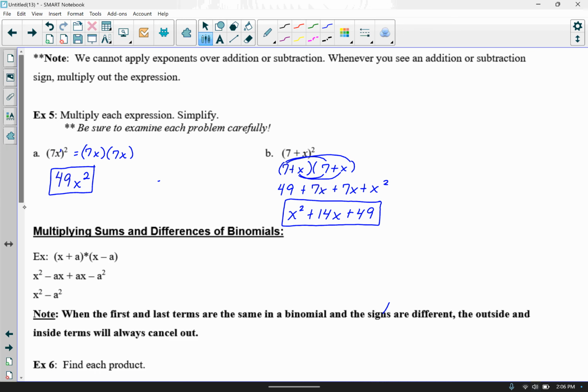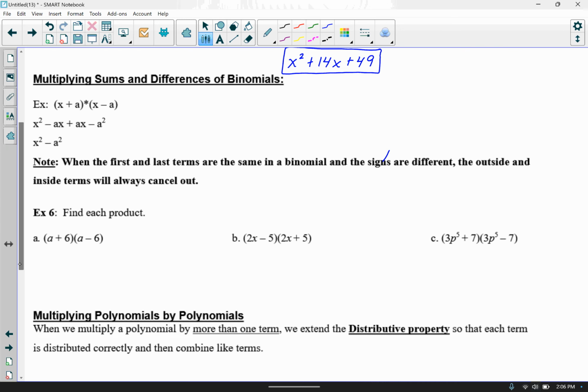All right, let's look at another variation of multiplying sums and differences with binomials. And so I'll just come on down. What you'll notice here is that when the first and last terms are the same in a binomial, and the only thing that's different about them are their signs, then your outside and inside terms are always going to cancel out, okay?